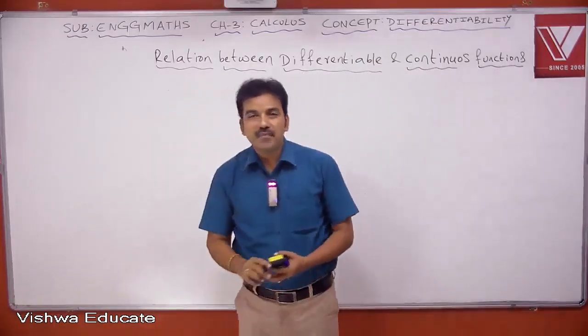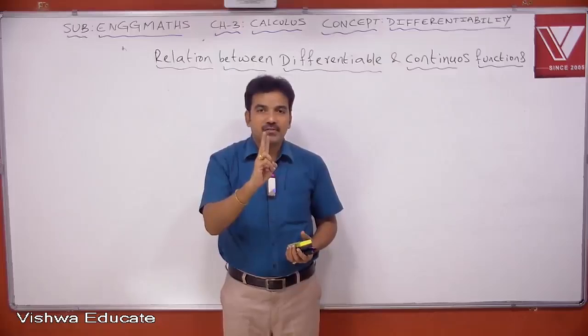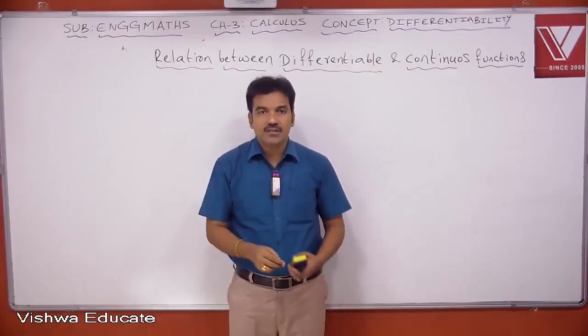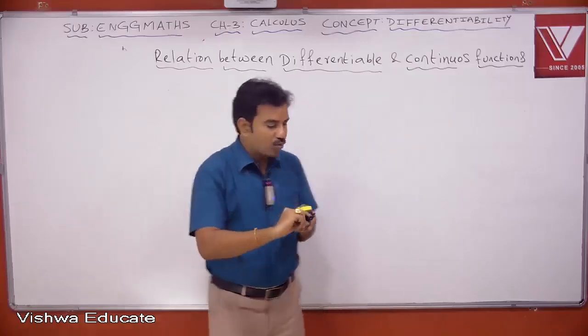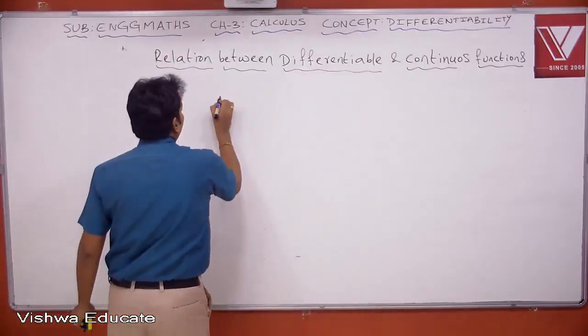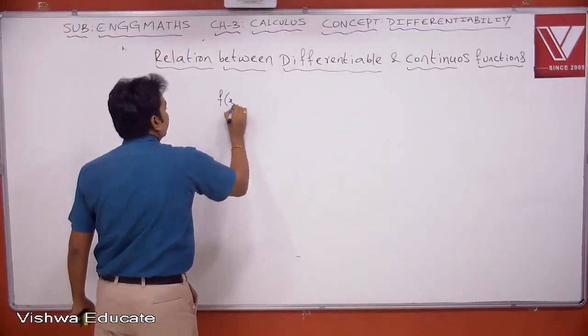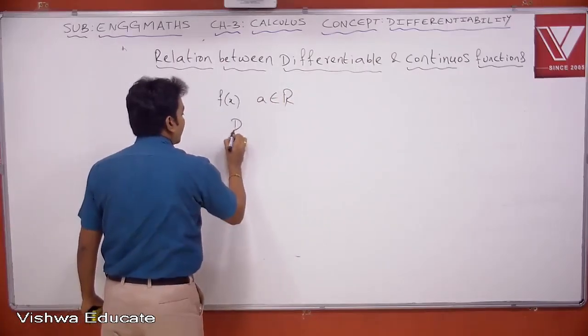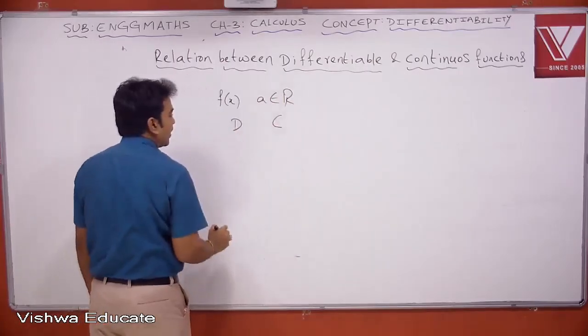Let us see. Now we have two concepts for a function at a point. One is differentiation, another is continuity. Let us see how the relation looks among these. So we have a function f of x, and A is some real number. We have two concepts, one is differentiation, another is continuity.